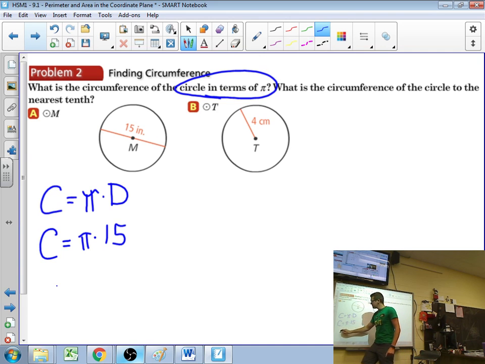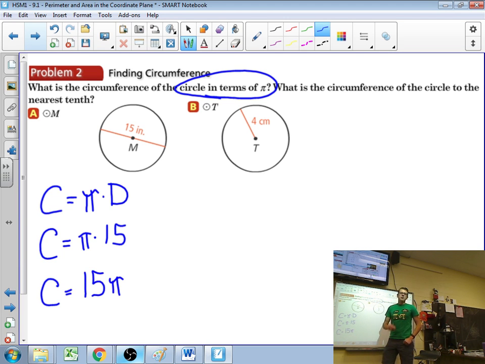Because now all I have to do, in mathematics, we like our constant values first. Now yes, pi is a constant value, but because we're still using the Greek symbol, I'd rather write 15 first. So I write 15 pi, but then do I have a label for length in this circle? I have inches here, right? So this circumference would also be inches.